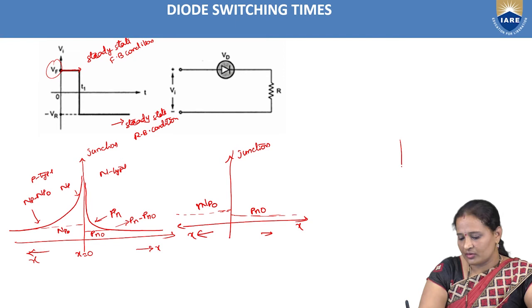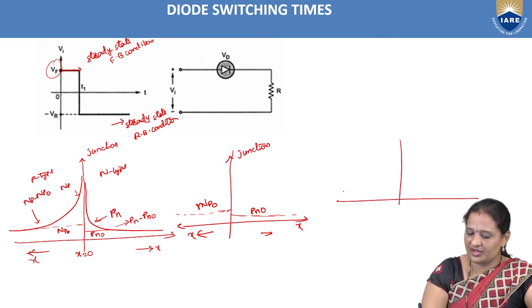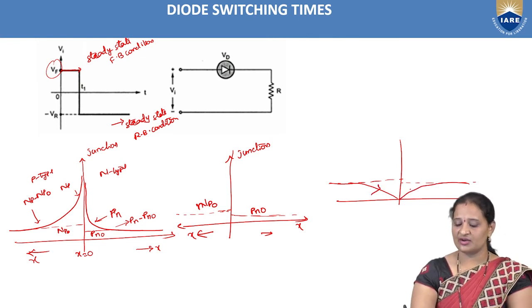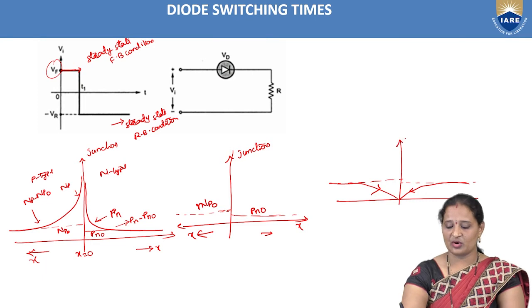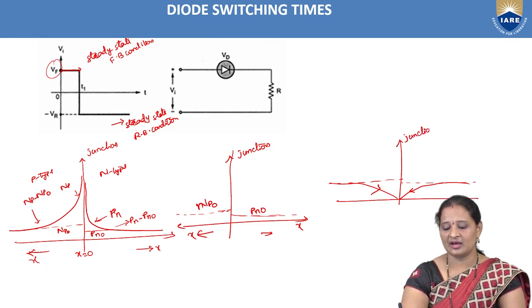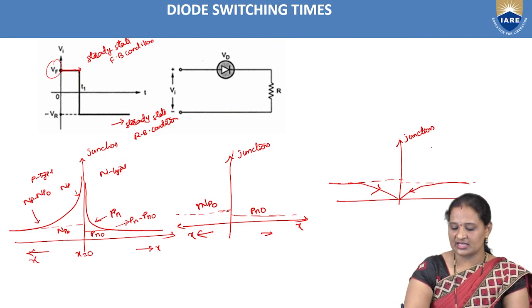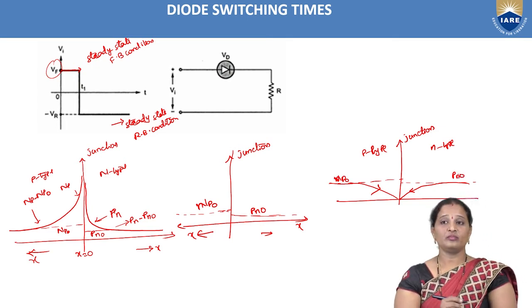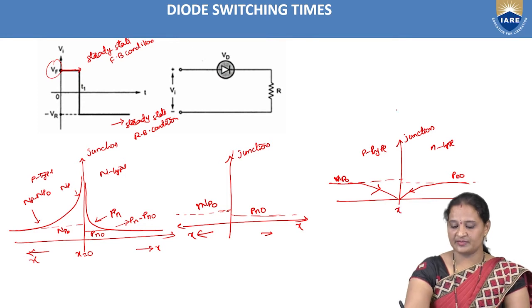First it has to go to the equilibrium state, and then to the reverse bias condition, in which the excess minority carrier concentration will become 0. This process will take some time. So this is N type, and this is P type, and here is my Np0 and this is my Pn0. This is under reverse bias condition.